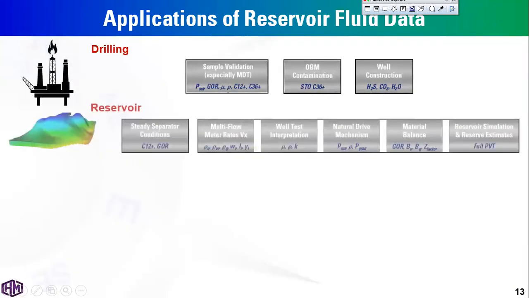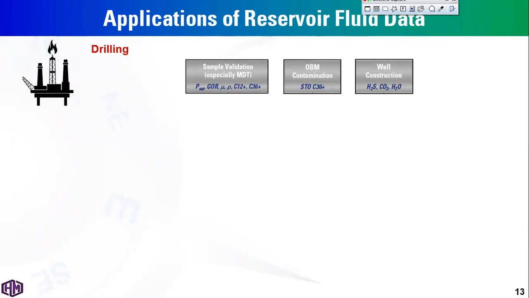Specifically, fluid data are important for drilling to design well construction. Let's say we have H2S in the fluid composition. Also, to study the oil-based mud contamination.